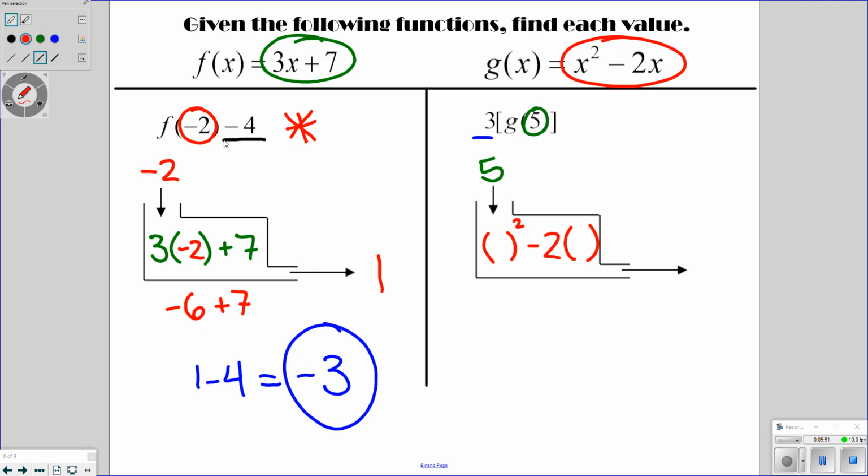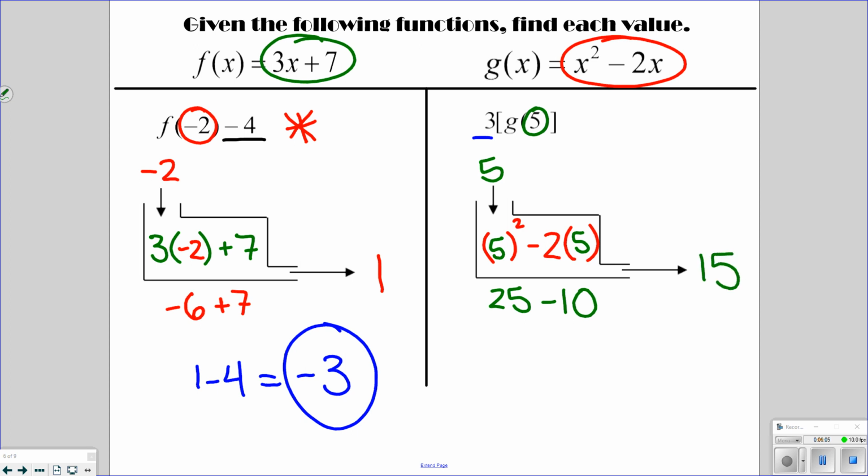So I'm going to fill those in. 5 squared is 25. Negative 2 times 5 is going to be negative 10. 25 minus 10 is going to be 15. But remember, in this case, I had to multiply it by 3. So I'm going to say 3 times my answer, which was 15, is 45.